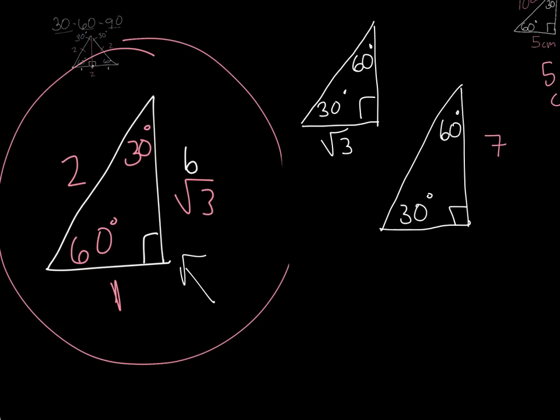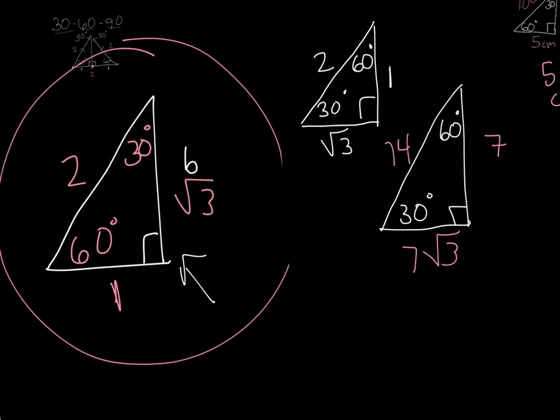I'm going to remember the hypotenuse is always 2, and the side across from the 30 degrees, that's always 1. So now I have to ask myself, how does this relate? Well, it looks like, again, the 7, every side was multiplied by 7. So that means that this must be 14, and this must be 7 square roots of 3. Okay, interesting. Not too bad, right?